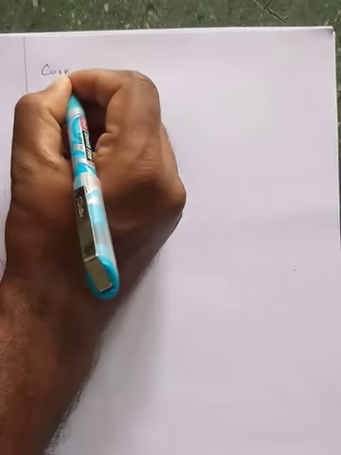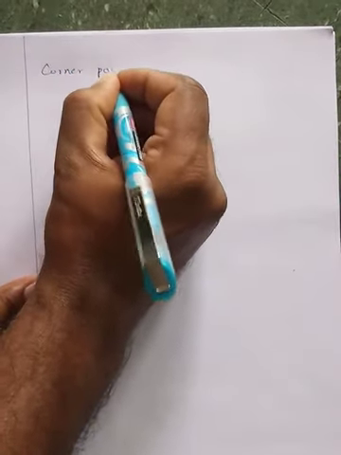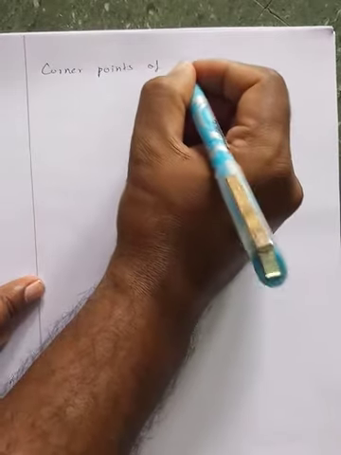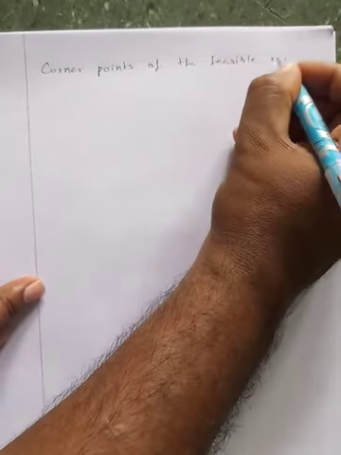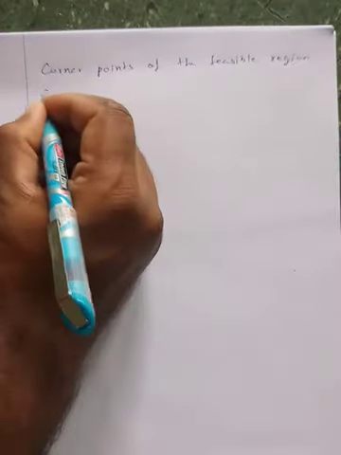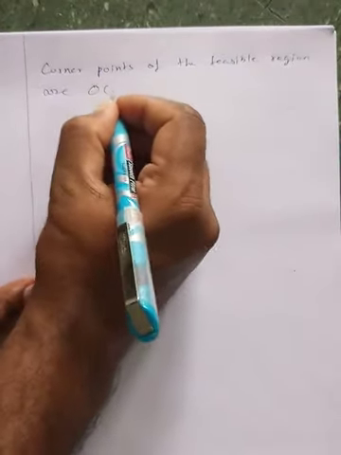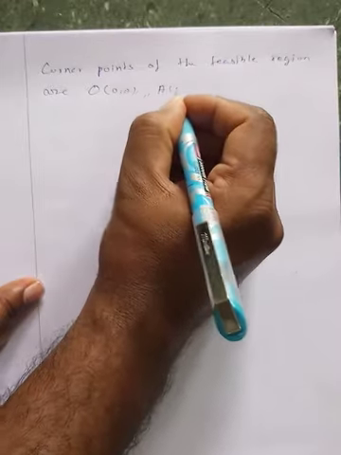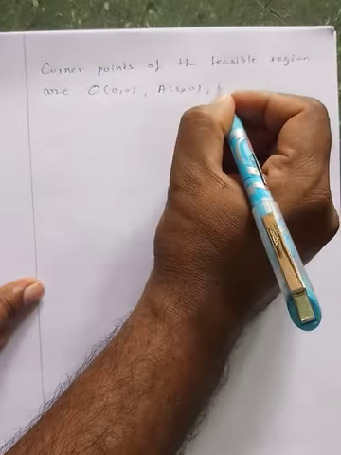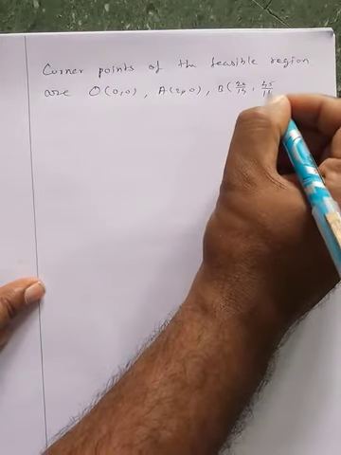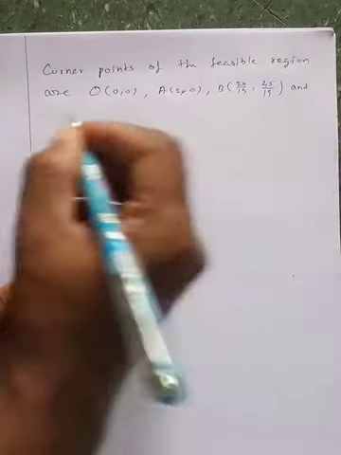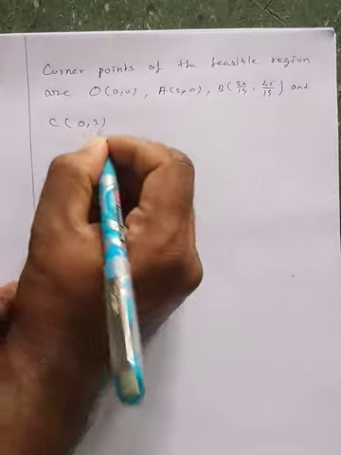And the corner points of the feasible region are O of 0, 0, A of 2, 0, B of 20 by 19, 45 by 19, and C of 0, 3.